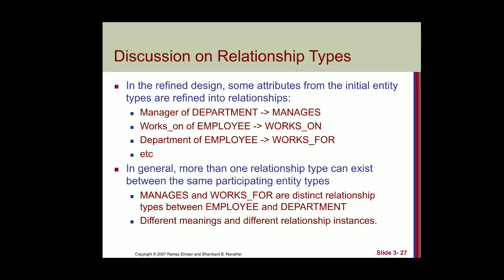That means between the employee and department tables, we have two relationship types. One is manages, another one is works for. They have different meanings, and different relationship instances under each relationship type.